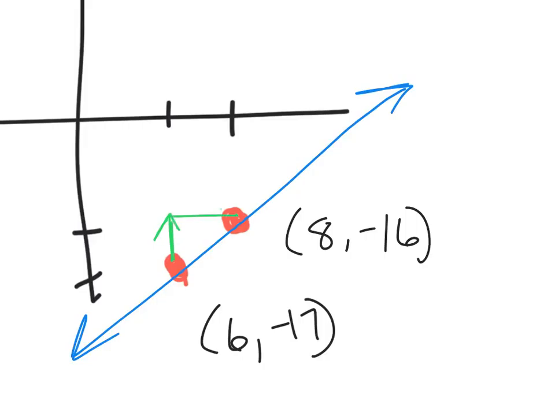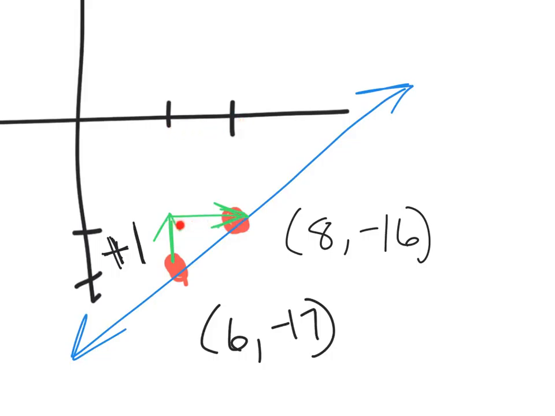and our run. All right, so now our rise. Well, down here we had to drop down to negative 17. Here we only dropped down to negative 16. So what did we do? We went up 1. So that's our rise. Now let's use logic and figure out our run. So here we had to go over 6, and then here we had to go over 8.